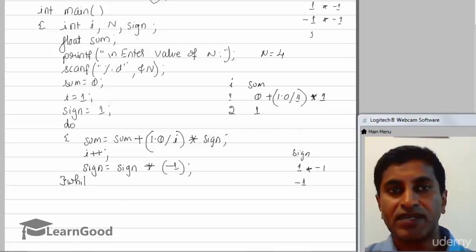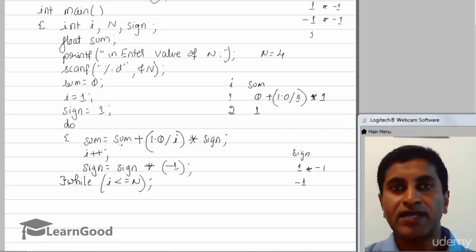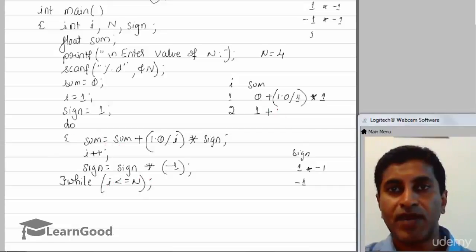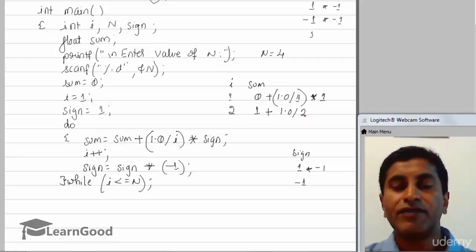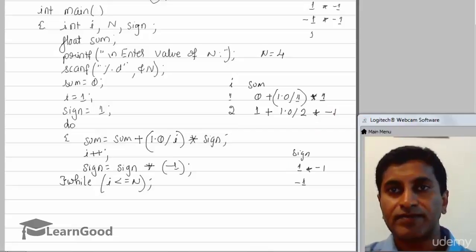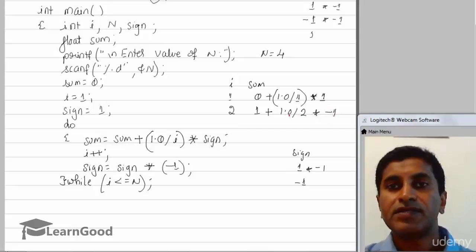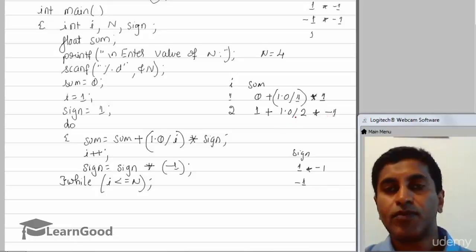This job has to be done till I reaches n, so while I is less than or equal to n, you keep on doing this job. Again go back: sum equals sum plus 1.0 divided by I, where the I value is 2 here. So 1.0 divided by 2 is 0.5, into sign which is minus 1, so it's minus 0.5.